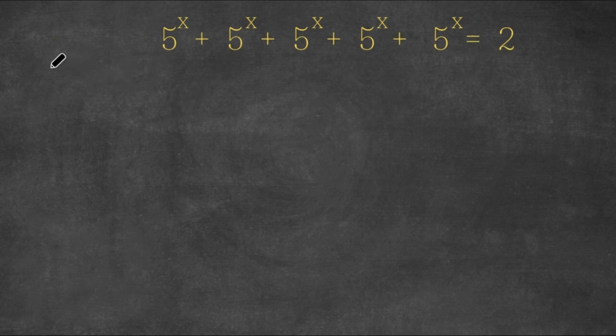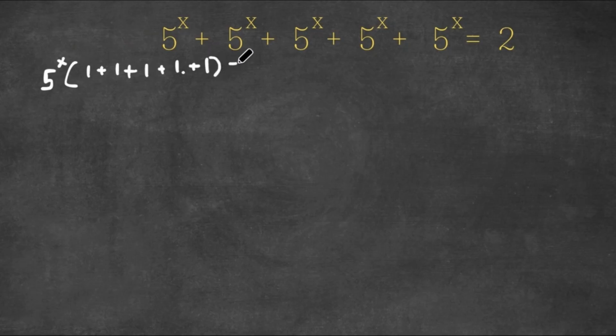Now, I'm first going to factor out 5 to the power of x from this. So we get 5 to the power of x times 5 to the power of x divided by 5 to the power of x is 1, plus, same thing over here, 1 plus 1 plus 1, and finally plus 1. And this is equal to 2.